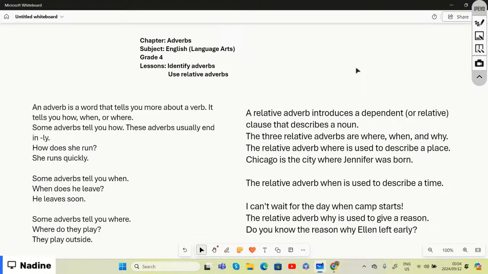So that is going to be our chapter for today, as well as our lessons. This is a continuation of our previous lesson on adverbs, so now we're just going to continue with adverbs.